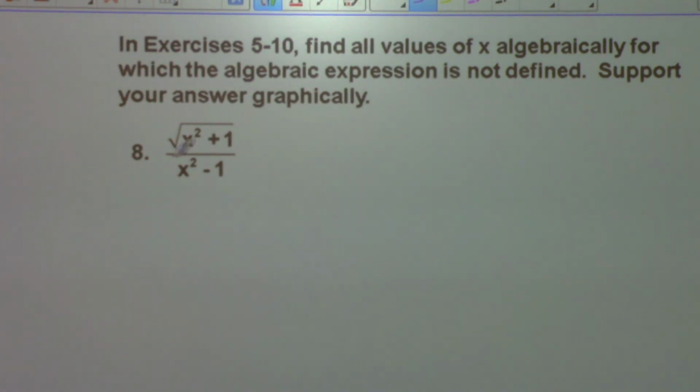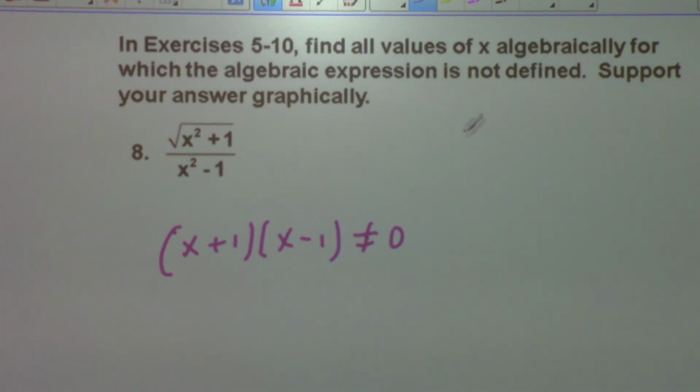So this thing is going to have nothing to do with limiting the domain of the function. But does the denominator have an effect? Yes. So we know that x plus 1 and x minus 1 cannot equal 0, right?